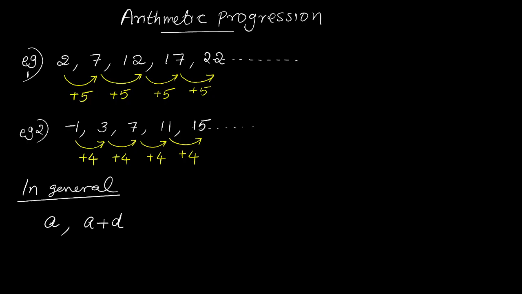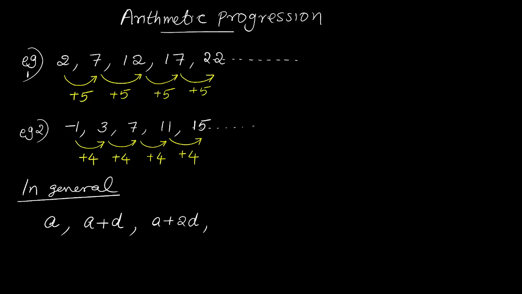Let it be D. So the second term will be A plus D. And this A plus D is to be added with the same fixed number D. So the next term will be A plus D plus D, which is A plus 2D.